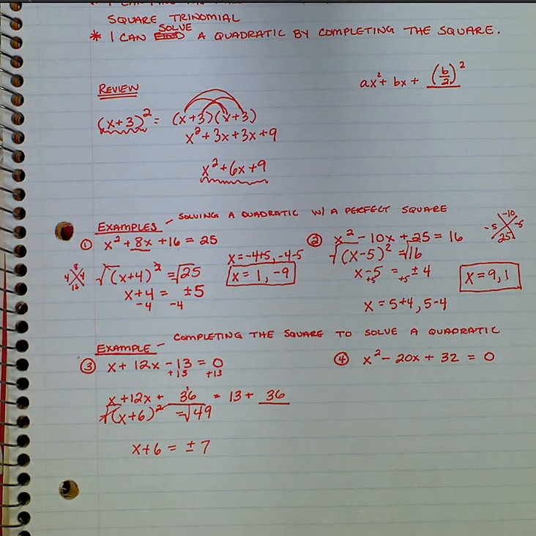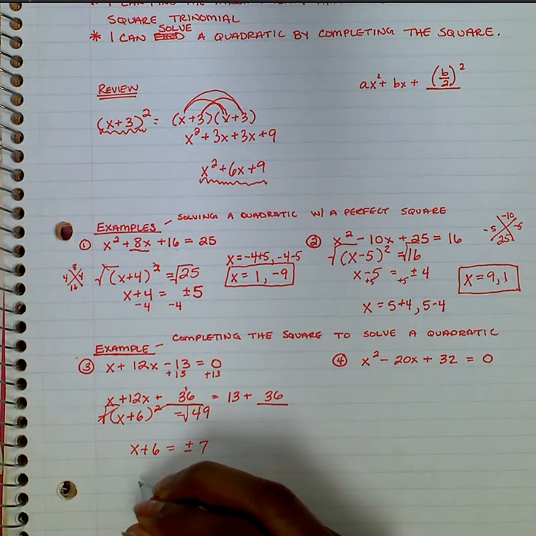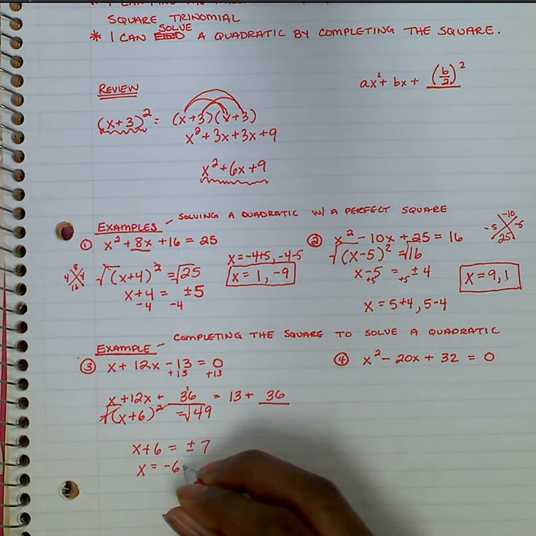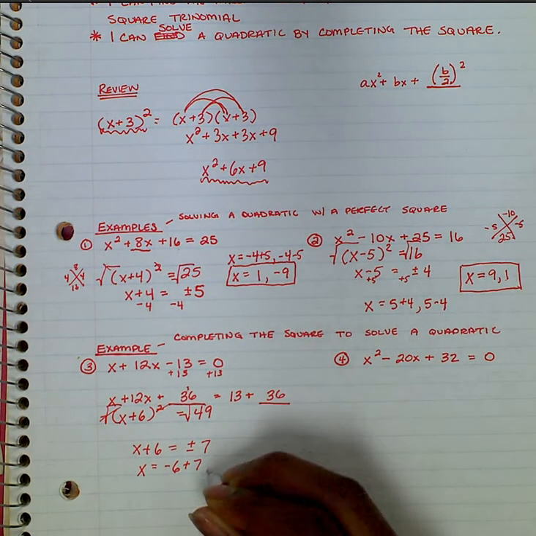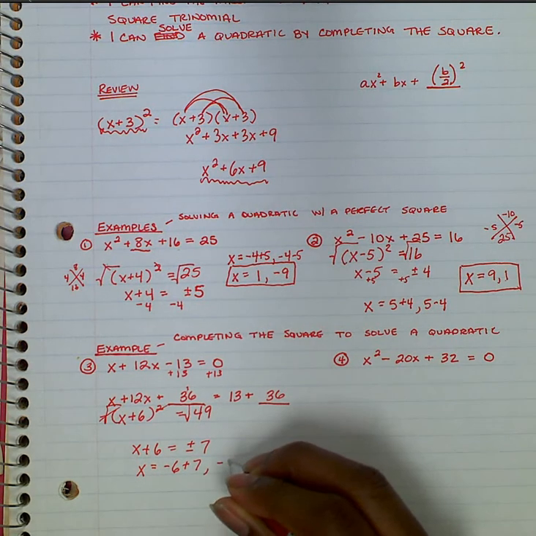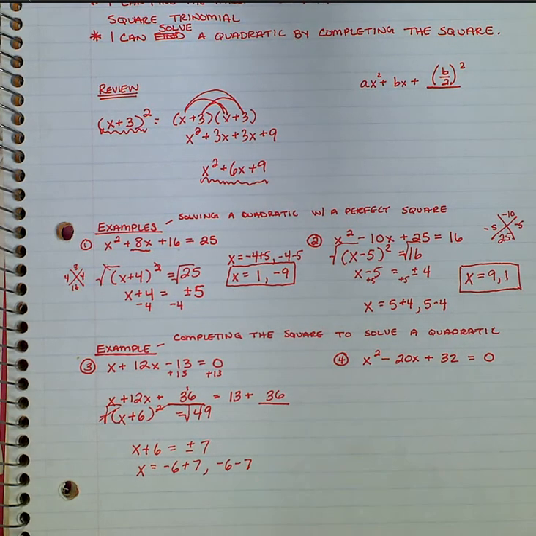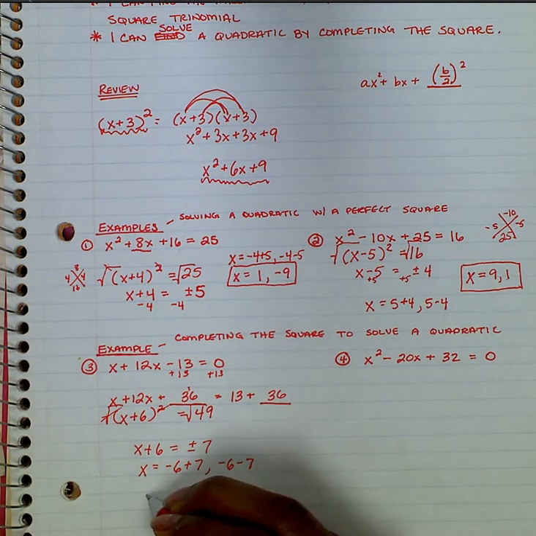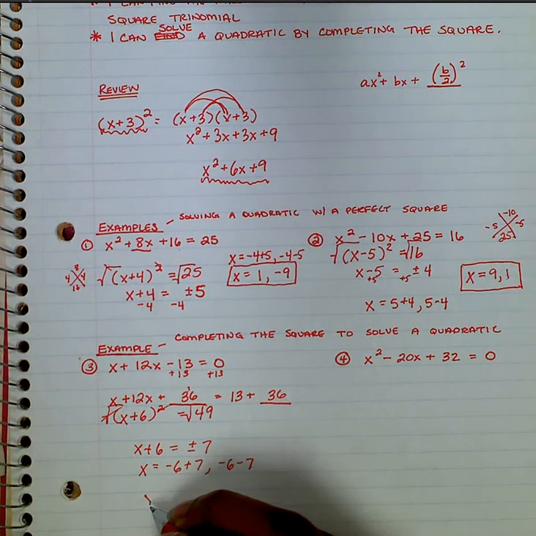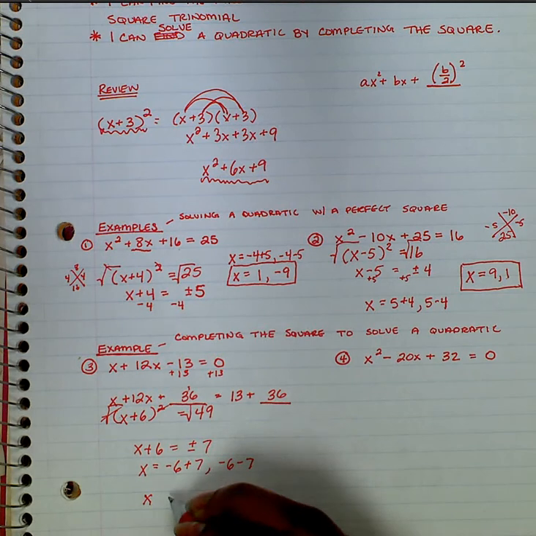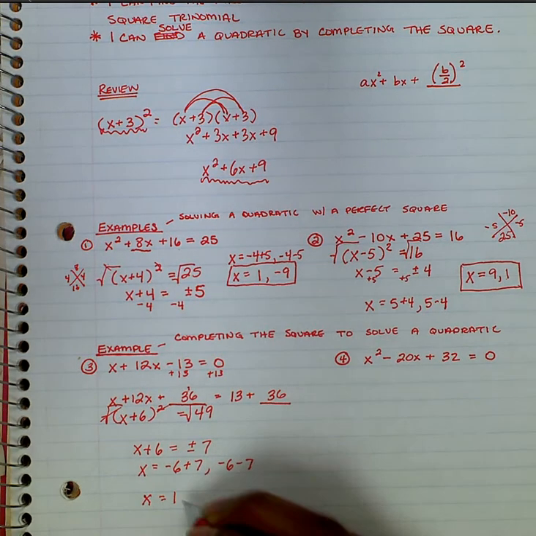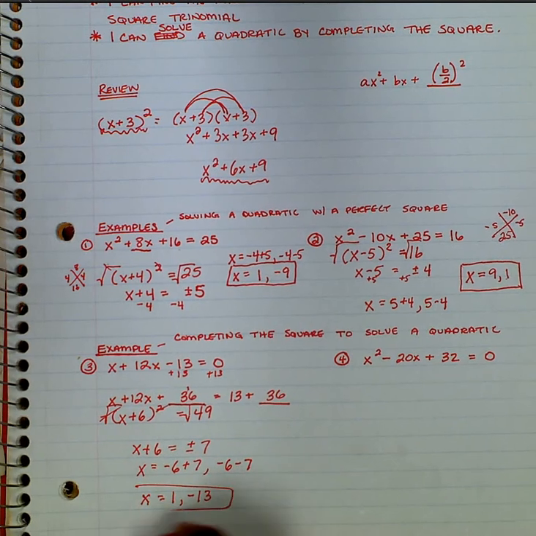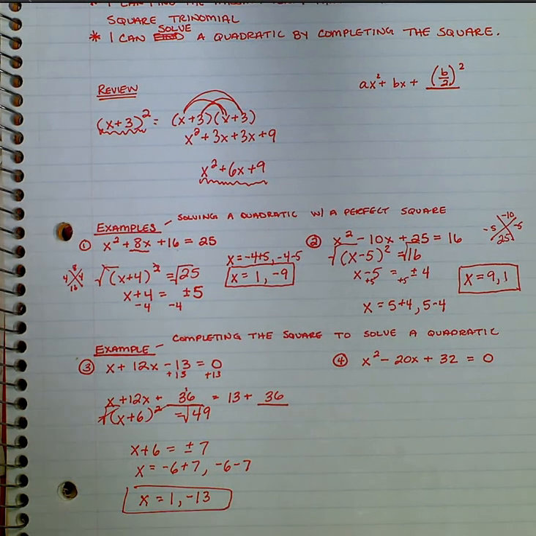To get x by itself on both sides, I'll subtract 6. So x equals negative 6 plus 7, and x equals negative 6 minus 7. And so now I'll do these out. x will equal 1 and negative 13. And there's our solution.